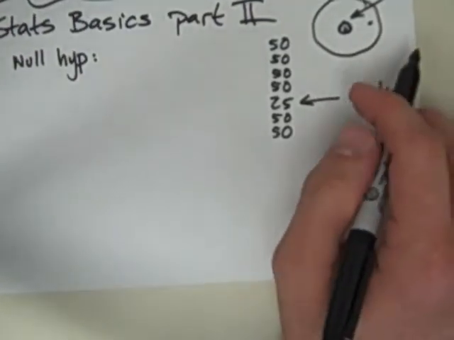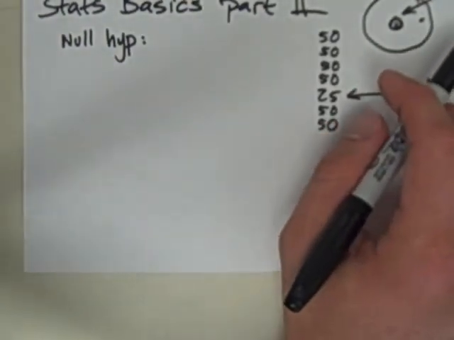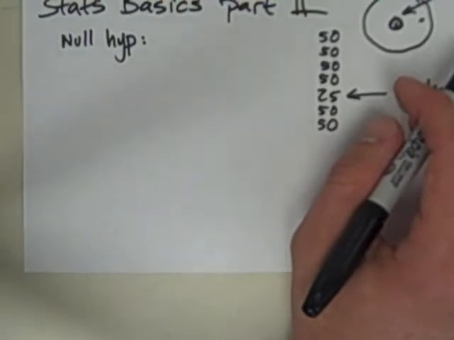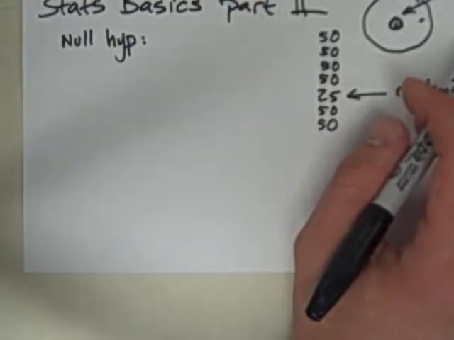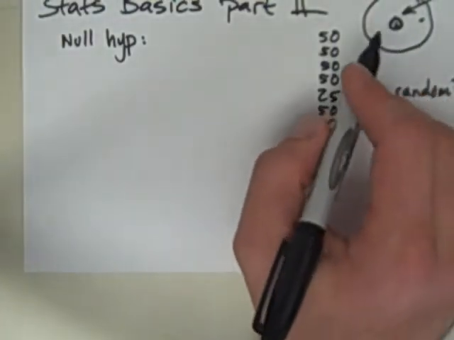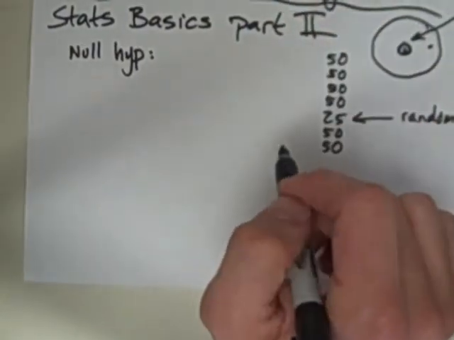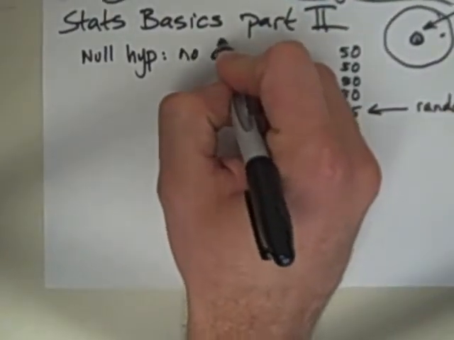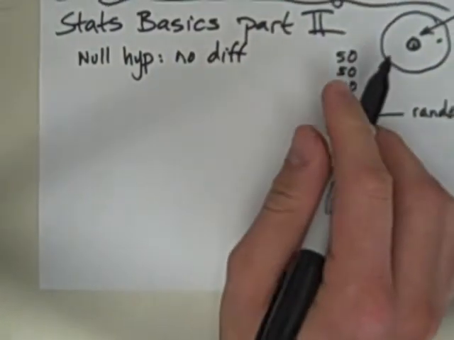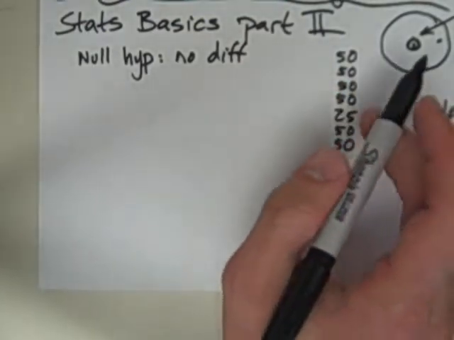So I might come in here with this same dart thrower guy and predict, hey, I think there's going to be a difference in your scores if I chop off one of your arms, your dart throwing arm. I know that's extreme, but I'm driving home a point here. So I would have a null hypothesis that says there is no difference in score between what he was getting before I chopped his arm off and what he gets afterwards.